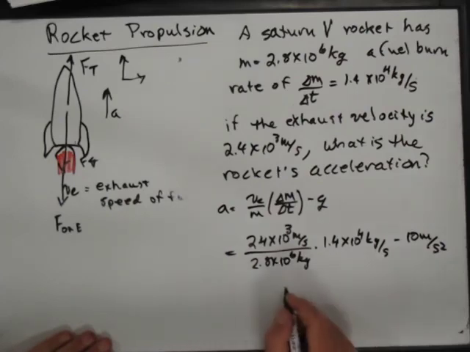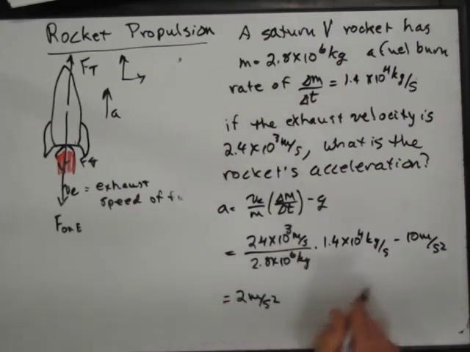I get about 2 meters per second squared. If I use 9.8 there, I would get about 2.2. That's my acceleration.